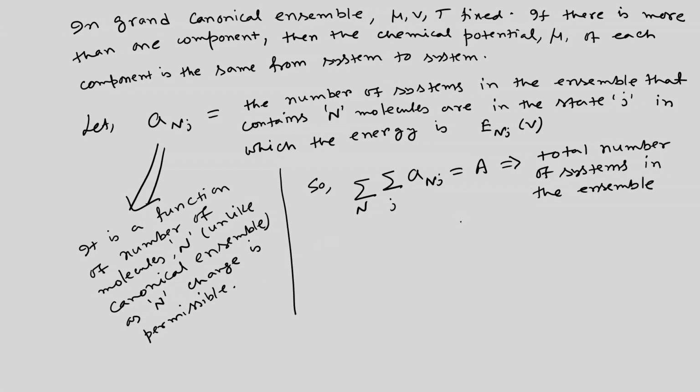This is our constant 1. And sum over n, sum over j, A n j times E n j gives the total energy of the ensemble, which is also fixed.